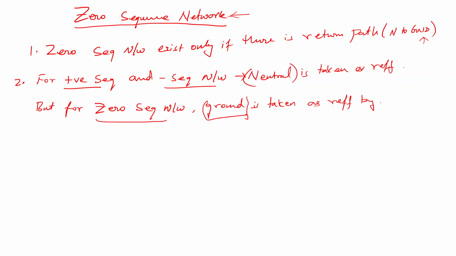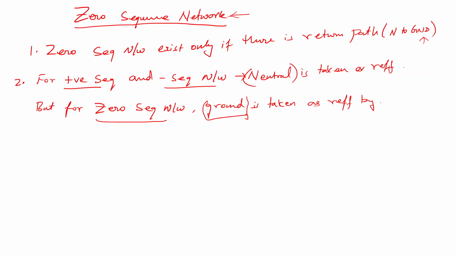In the next class we are going to see the sequence networks for a synchronous generator with an example, and for a transmission line and for a transformer. Three different things we are going to see with an example. After this, we will solve one small problem and this topic is over.